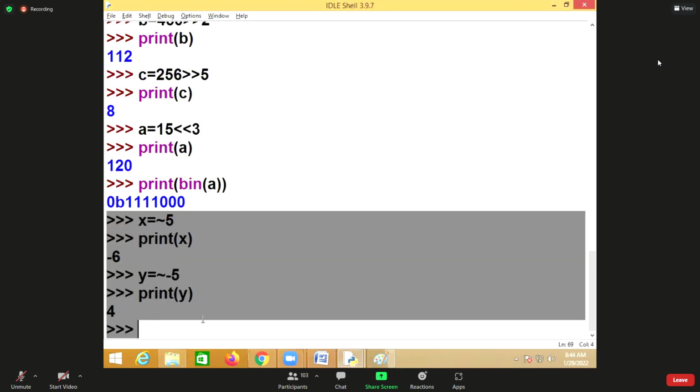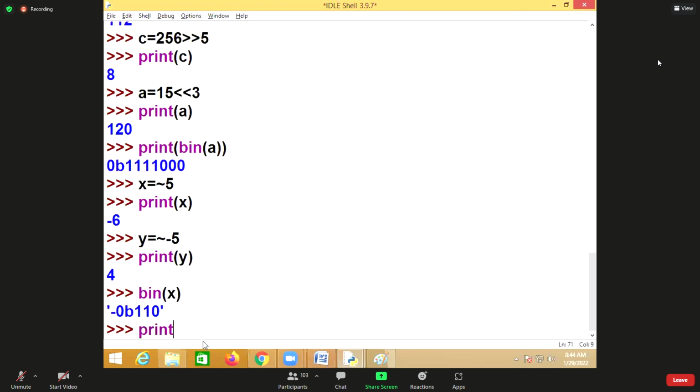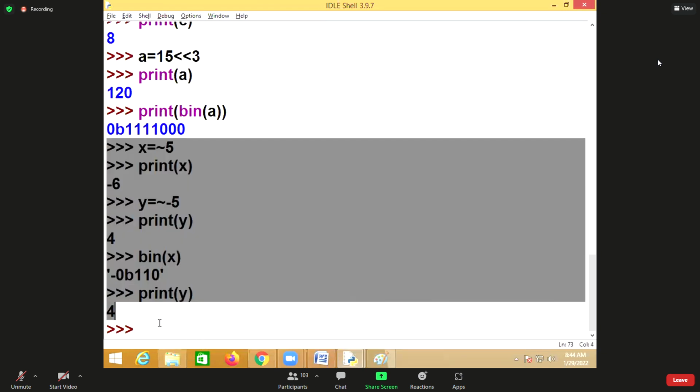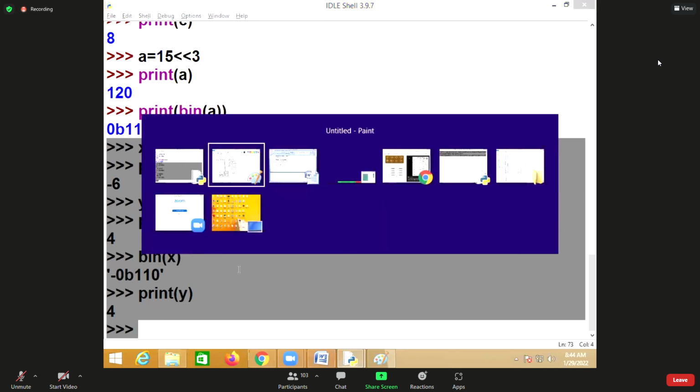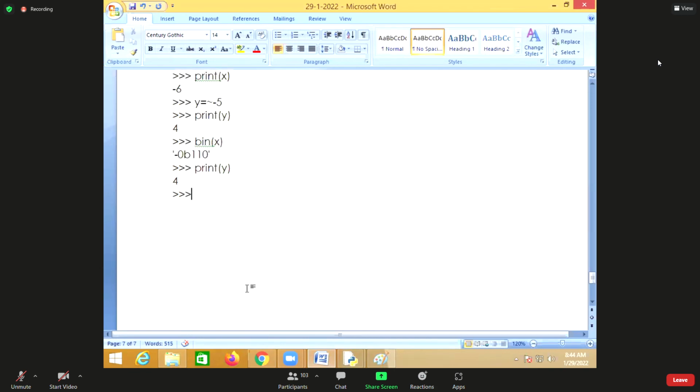Plus 4. Okay. And you can print binary of x, and you can print binary of which one? Y. Binary of x and binary of y. Right? Yes. These are called which operators here? Bitwise operators.